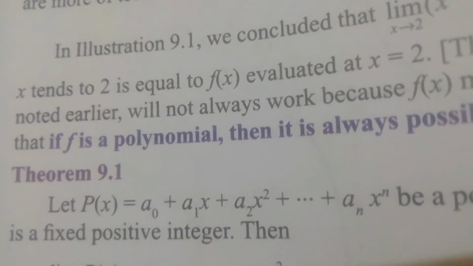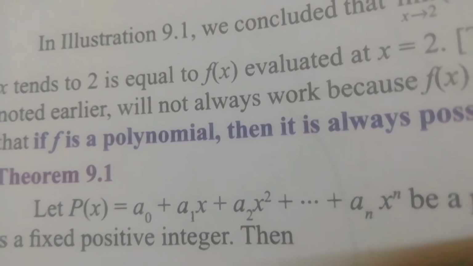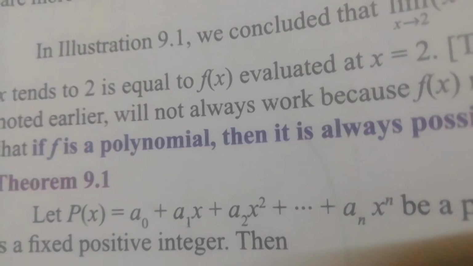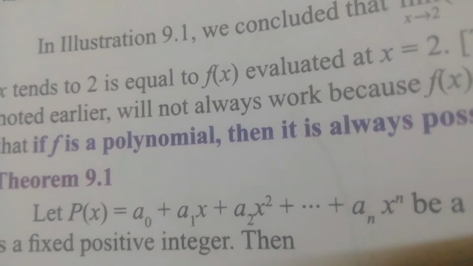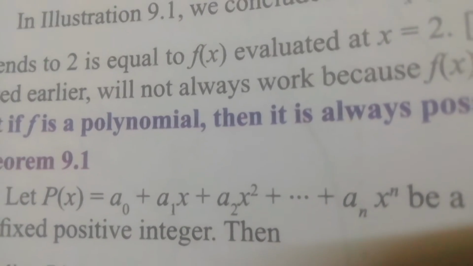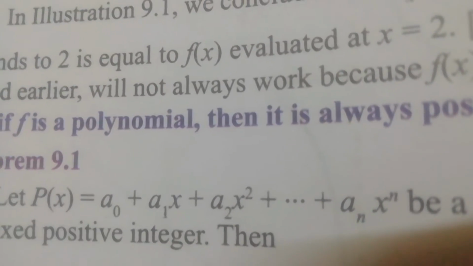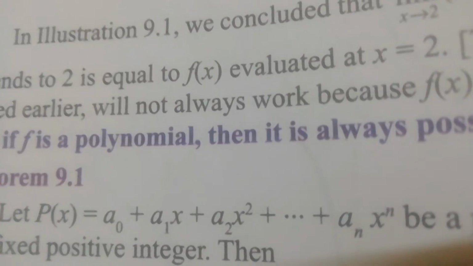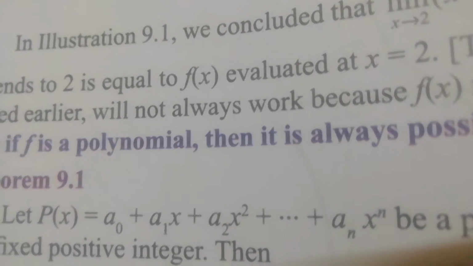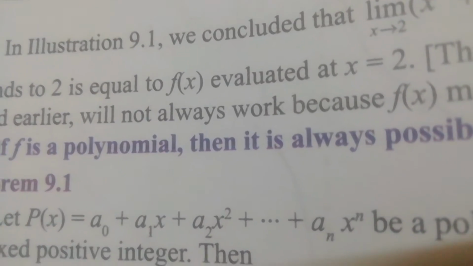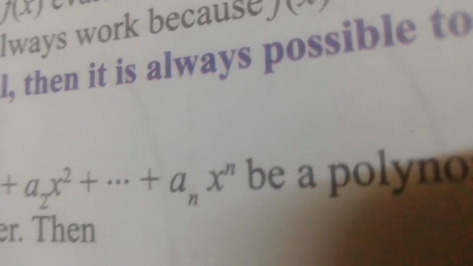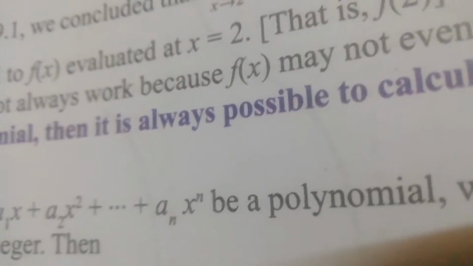Theorem 9.1: let p of x mean a polynomial in terms of x. Given the polynomial a0 plus a1x plus a2x square plus etc. plus an x power n, where a0 is a purely constant term and a1 is the coefficient of x, be a polynomial.